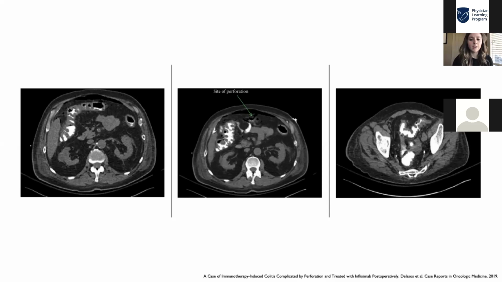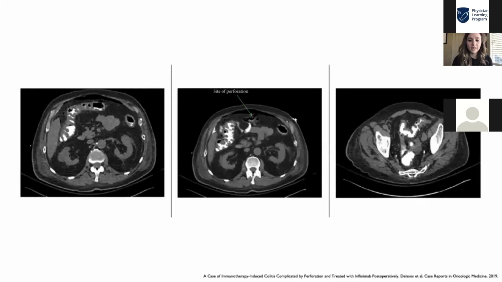The plan thereafter was to continue on monotherapy, but before his second round of treatment, he developed diarrhea, vomiting, and abdominal pain. He was instructed to increase his home dose of steroids, but despite that, again went on to develop hematochezia. He represented to the ED, had repeat stool cultures that were eventually negative for infectious cause, and a CT was performed that demonstrated pancolitis as well as pneumoperitoneum.